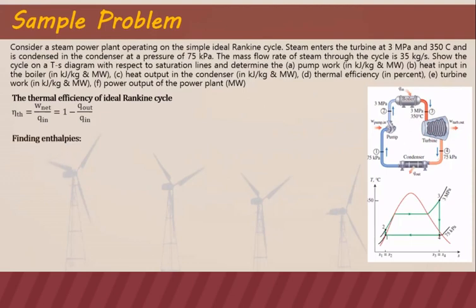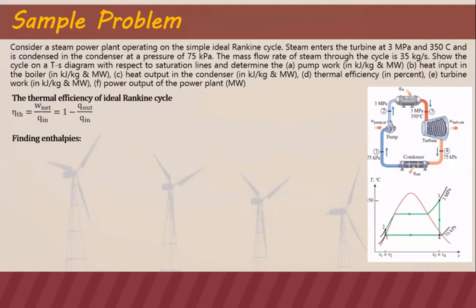In order for us to determine these quantities, we will have to find the enthalpies. As you can see, we have 4 points: state 1, state 2, state 3, and state 4. So we have to find the enthalpy. Take note that if we are dealing with steam, we will use the steam table in finding the enthalpy.